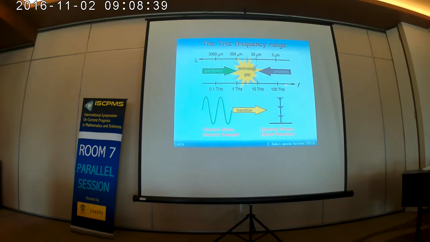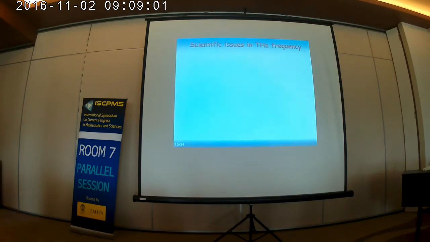When you go above 100 terahertz, we also have a very mature technology. That's photonics, like laser and LED. We have very good technology on both sides, but not here.